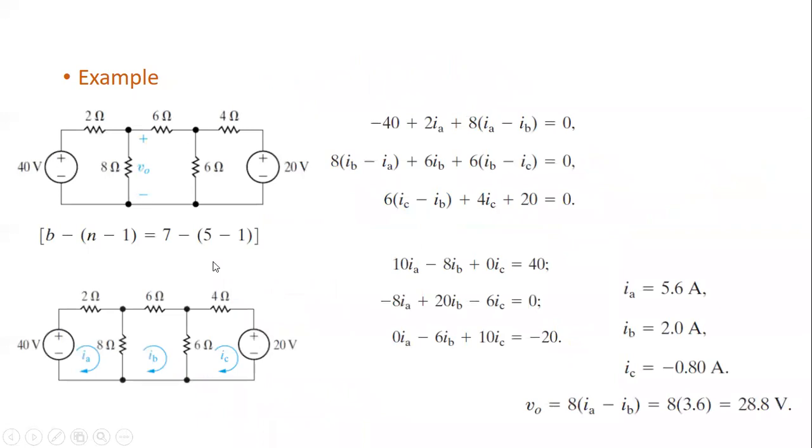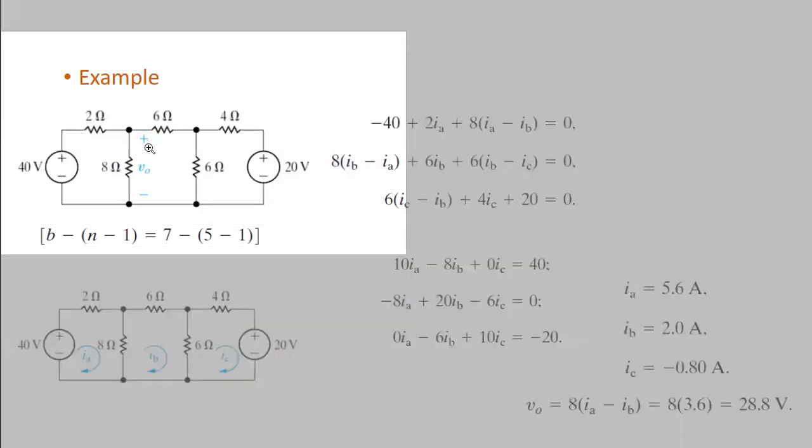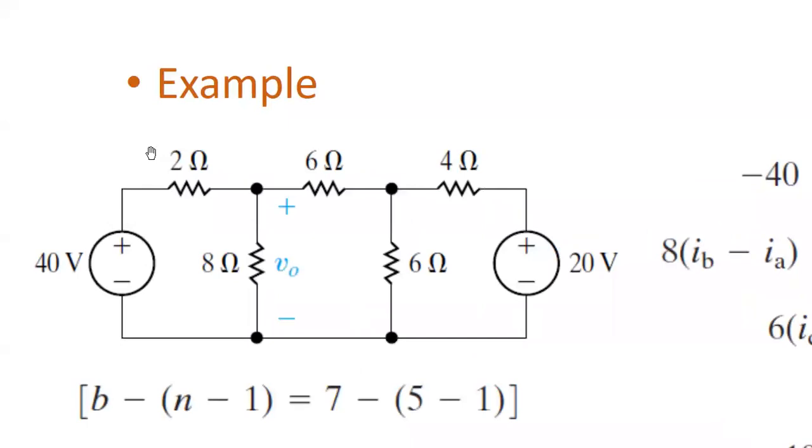Let's have this example, please. In this example, let's look at the circuit first and examine it, okay? How many simple circuit elements are in this circuit? Seven. Okay, is it active or passive? Active.